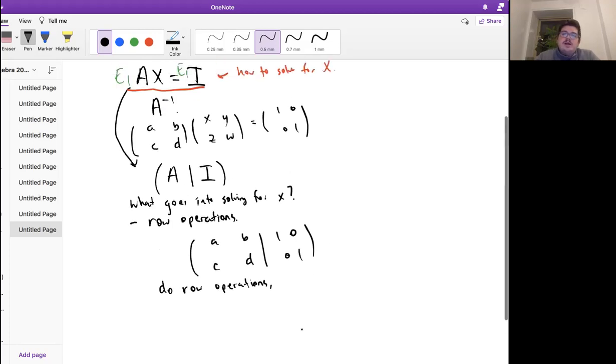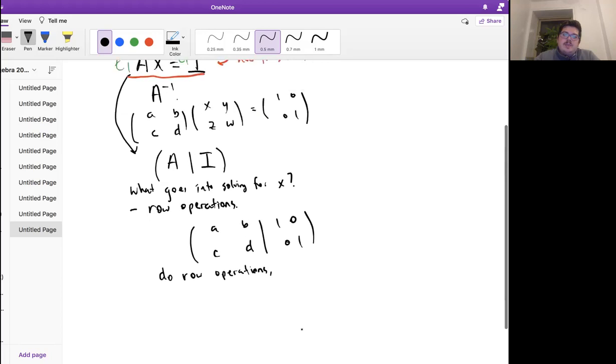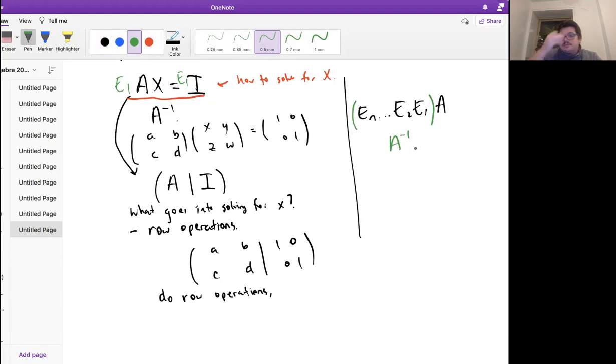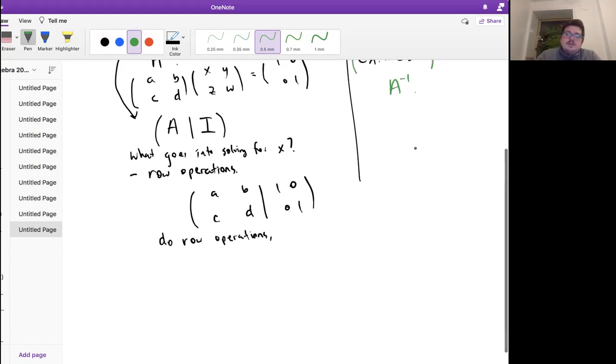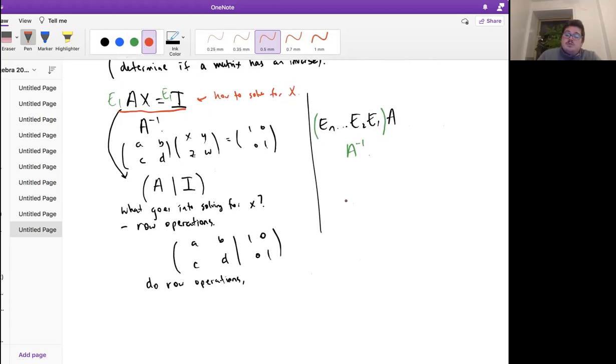So how do we know when we're done with our row operations? Notice that at every point when we do row operations, when we're done with row operations, we get A inverse, whose product is identity.